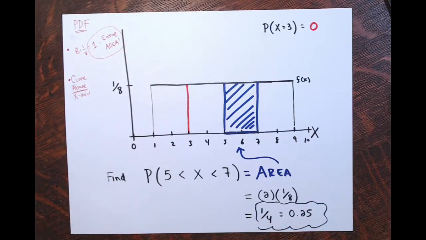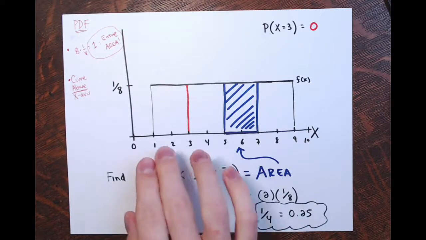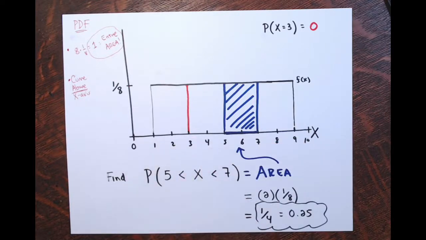But remember, it's probability. Probability should always be some number from 0 to 1, never negative, never greater than 1. And that's what's happening here. So if I were to pick a value at random from 1 to 9, from this continuous variable with this density curve, the probability that that value falls between 5 and 7 is 25%.